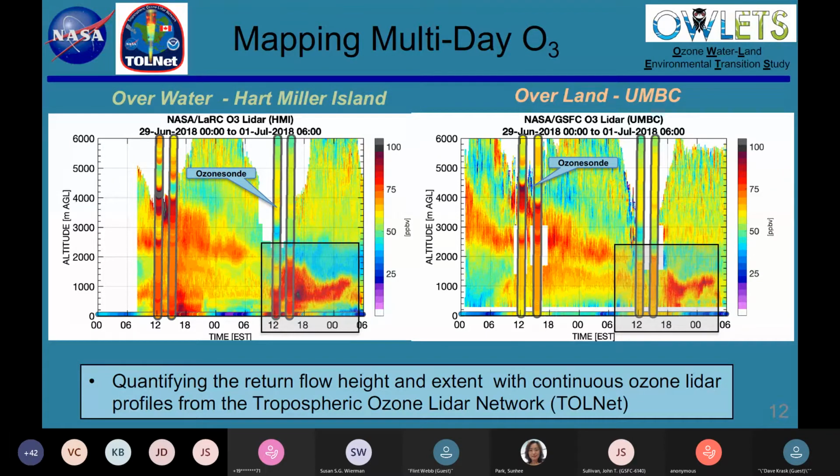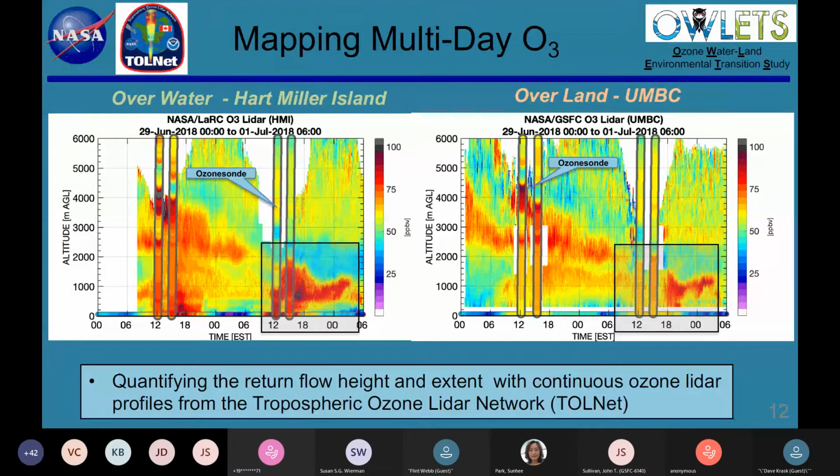So I've annotated the curtains with a black box. You can also see the ozone sonde profiles as well, just showing, I think, the really nice comparison between the ozone sonde and what the LiDAR is seeing. But really the left curtain here, as I mentioned, is the overwater site. It's clear to see that there's a diurnal evolution of ozone pollution that impacted the water site much more than the continental site.